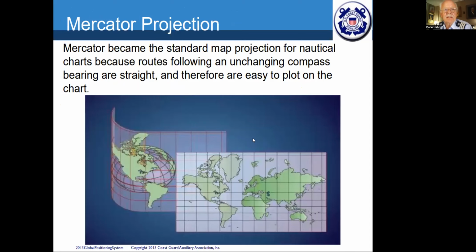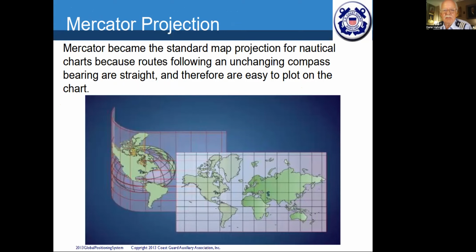Here it is again. The Mercator projection became the standard projection because routes following an unchanging compass bearing are straight. So you could use this projection to plot your course.